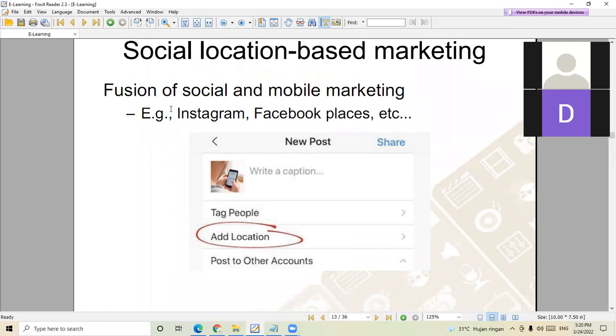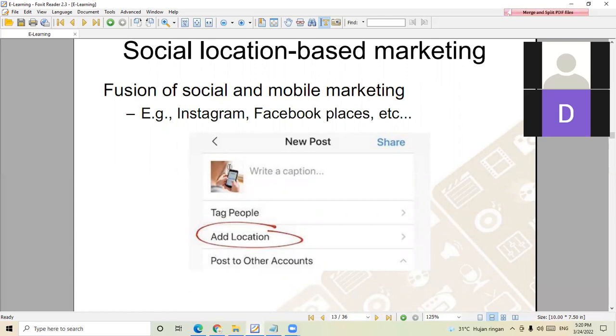It's also useful for Google Maps. If you want to advertise your restaurant or your business, you can add the location in Google Maps. Make sure all the locations are accurate and all the information is accessible. It can be to your own advantage too.